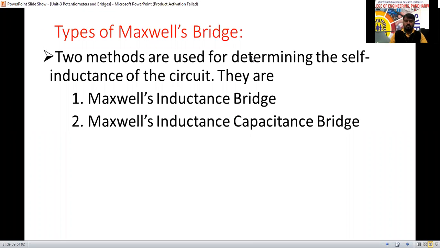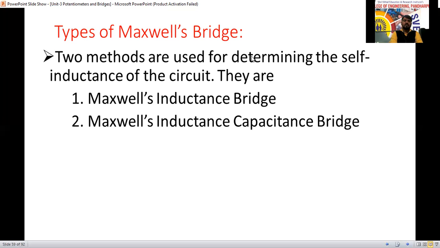Those two methods are, first, the Maxwell inductance bridge, and second, the Maxwell inductance capacitance bridge. In the Maxwell inductance bridge, we use only inductance. But for the Maxwell inductance capacitance bridge, we consider inductance and capacitance. Resistance is already there, the real term of the bridges.